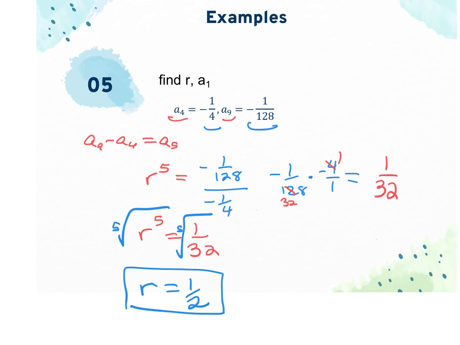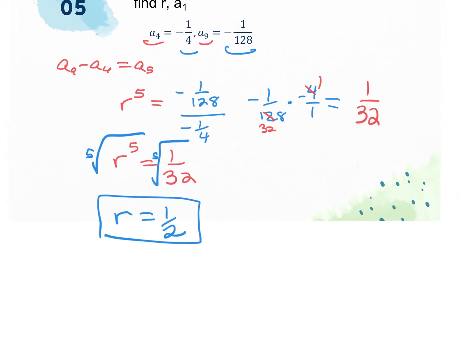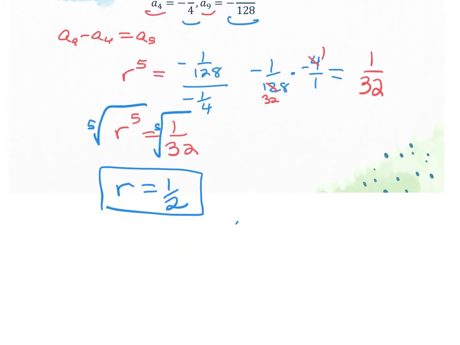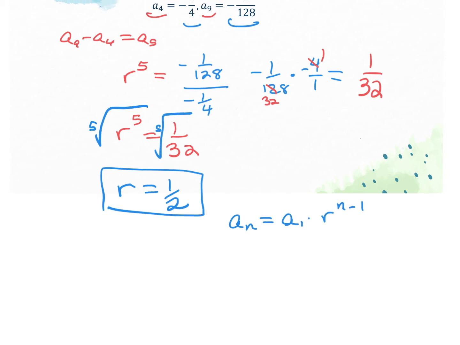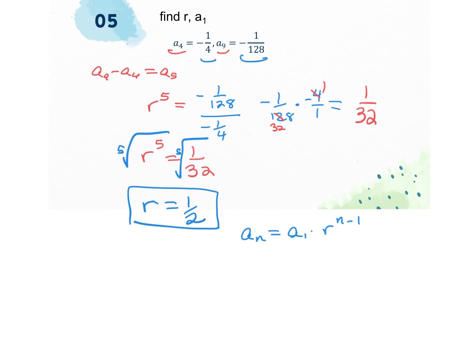Next, it wants me to find the first term. So again, yes, you could go ahead and reverse. Instead of multiplying by 1/2, you could divide by 1/2 3 times to get it down to the first term. But I'm going to use the formula. So a sub n is equal to a sub 1 times r to the n minus 1. I'm going to use one of the terms they gave me, a sub 4.